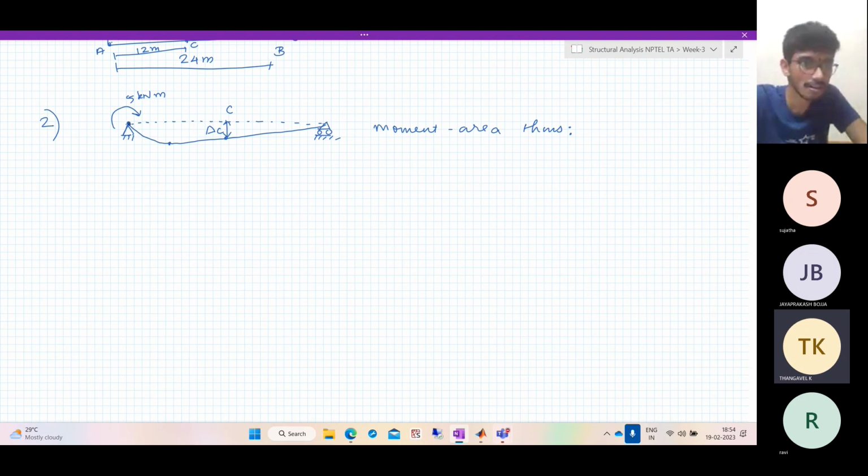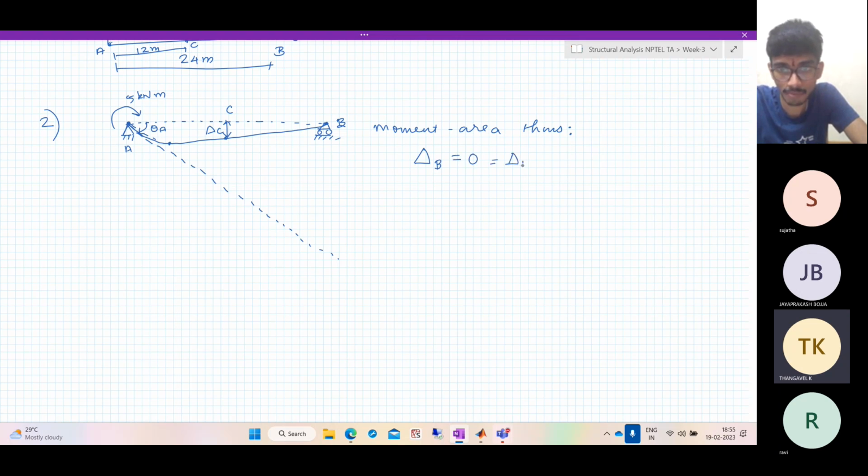Let us draw a tangent at the point A. Let this angle be theta A. So we are drawing a tangent at A and the angle is theta A. And what do we know? We know that the displacement of the point B is 0 and the displacement of the point A is 0 because they are supported.